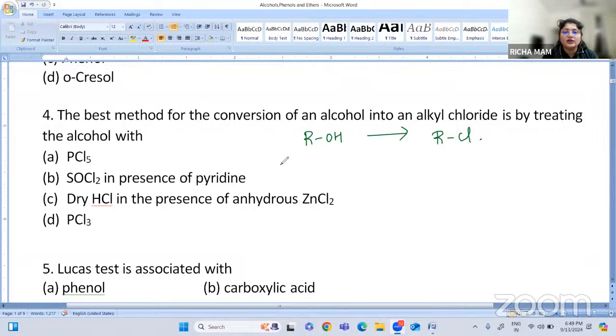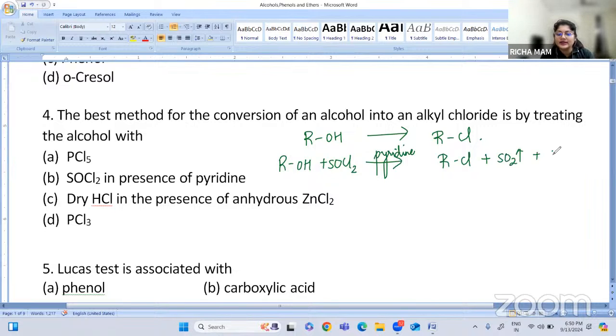Why? When you treat alcohol with thionyl chloride in the presence of pyridine, it gives you alkyl chloride plus sulfur dioxide plus HCl.